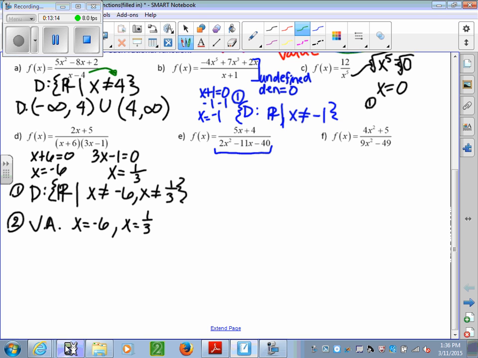So we need to factor this first. So we're going to factor with our calculator. You can factor by hand, but I want to make sure that people who are struggling with factoring can still get to the answer here. So factor in the calculator. First, you're going to push the apps button. I'll write out the steps so you have them for your notes and you can come see me to go over it.